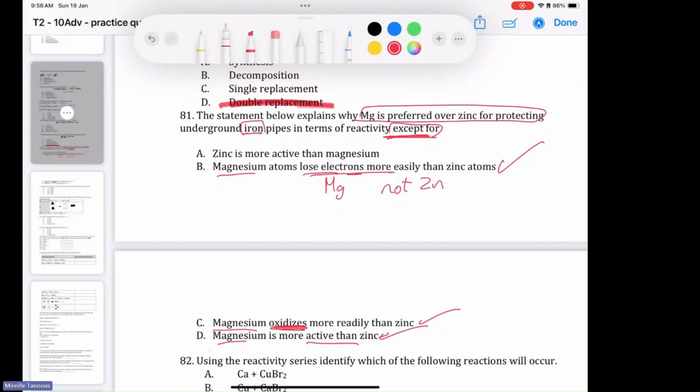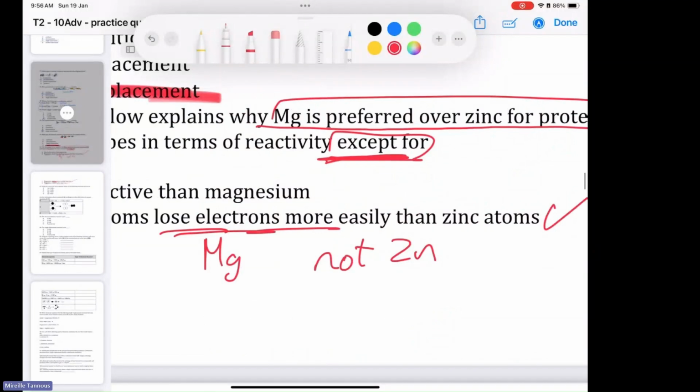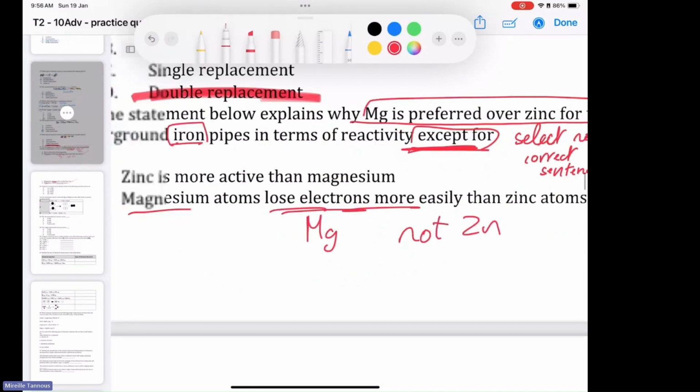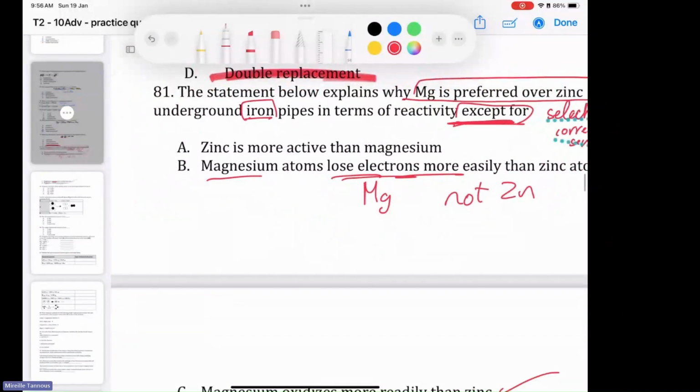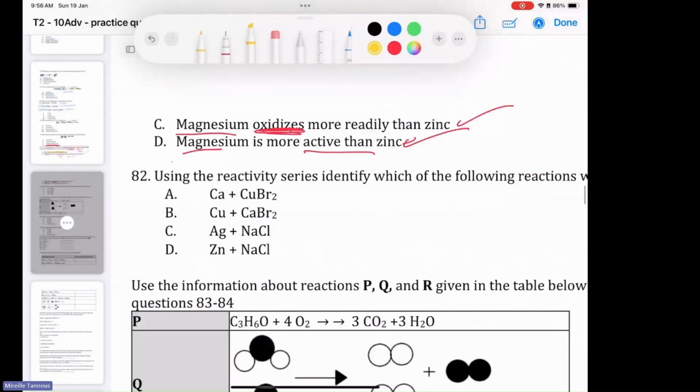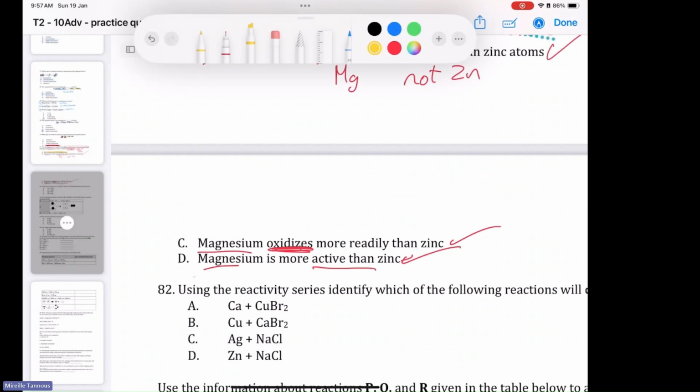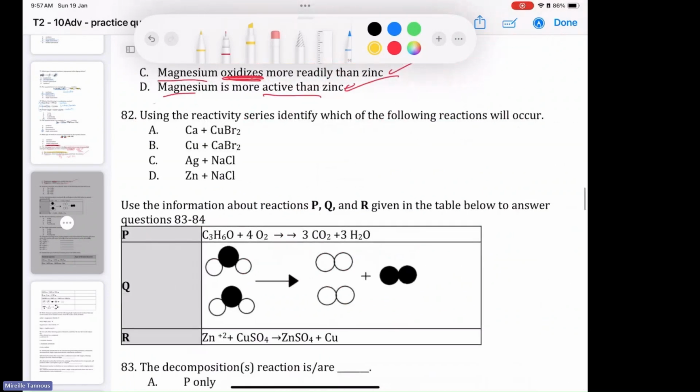The only wrong one, since it says except, means we have to select what is not correct, the not correct sentence. Okay, thank you. I didn't pay attention to the choices. So, magnesium is more active. That's not true. Sorry, zinc is more active than magnesium, and that is not true. So, we take this choice because they want the mistake.